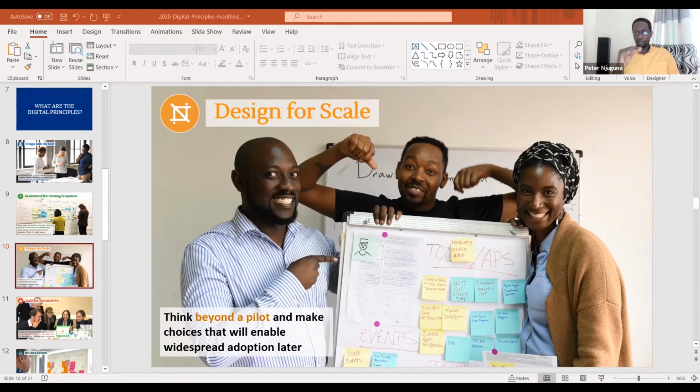For example, the cost might be slightly higher at test, but you have a model that dictates that at scale, the cost must come down. That is one example: we don't expect the cost of doing things to rise per user at scale. It should be reducing per user at scale. So that is something to put in mind.